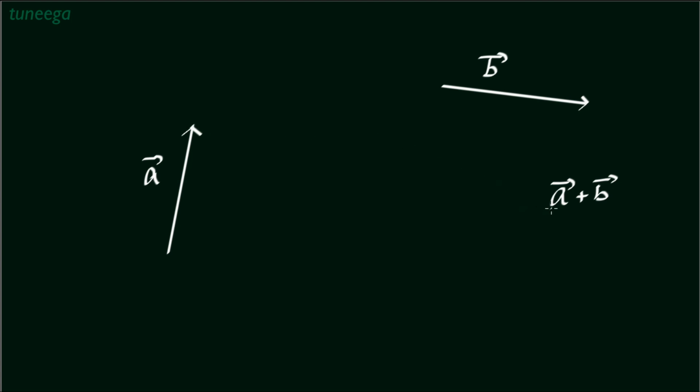Now that has to be followed by displacement B. Now remember, we are allowed to slide vectors. So what we are going to do is slide this vector over here so that vector B is a displacement that follows vector A. As long as you don't change the magnitude and the direction, the vector doesn't change.